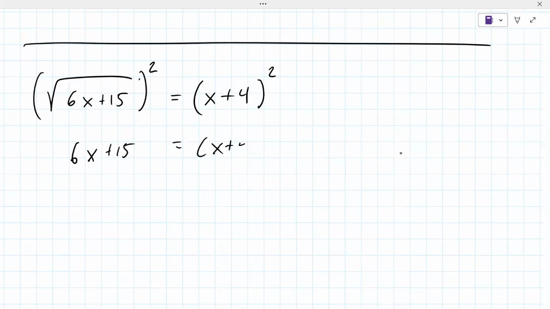All right, let me write this down. Okay, so you have to FOIL.